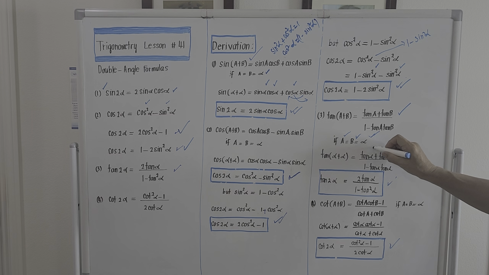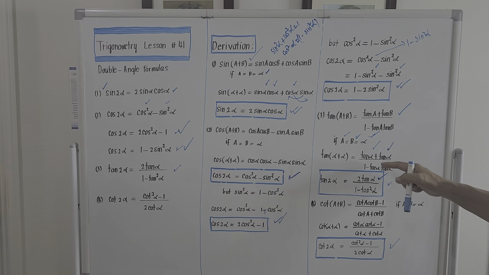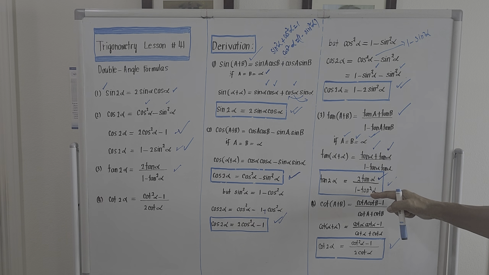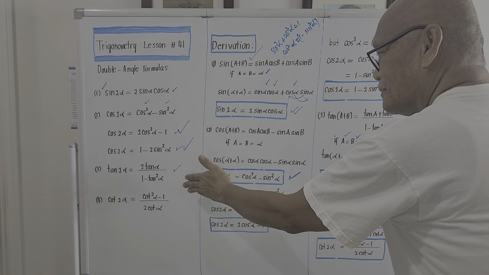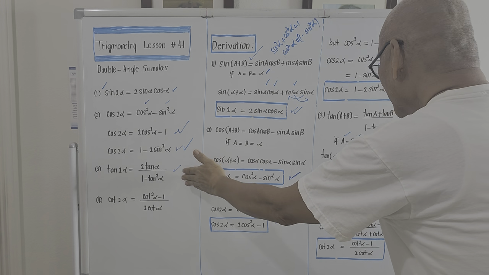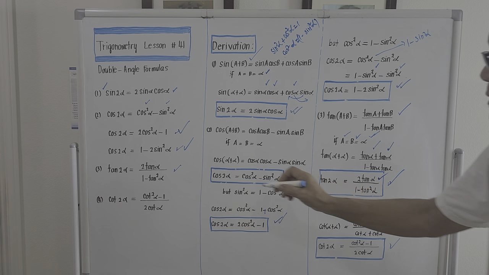Tangent of alpha and tangent of alpha are similar terms, so this will be twice tangent of alpha, all over 1 minus the product, tangent square of alpha. So the equivalent of tangent of twice alpha is 2 tangent of alpha all over 1 minus tangent square of alpha.